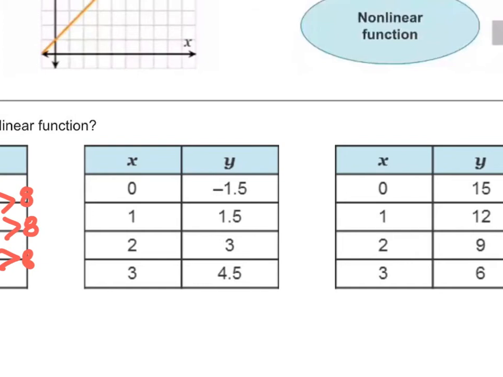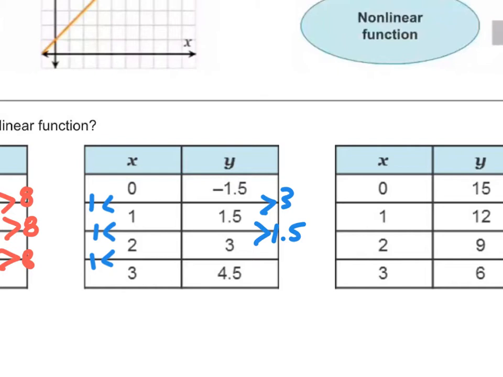So then over here, same thing. Your x increases by 1 each time. And then your y values, to go from negative 1.5 to 1.5, the difference between those two is a value of 3. And then to go from 1.5 to 3, that's a rate of 1.5.